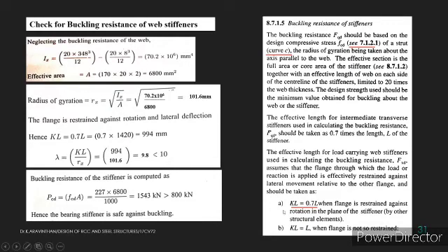Hence our condition will be 0.7 L, where L is the depth of the web stiffener, which is 1420. If you multiply, you will get 994 mm.